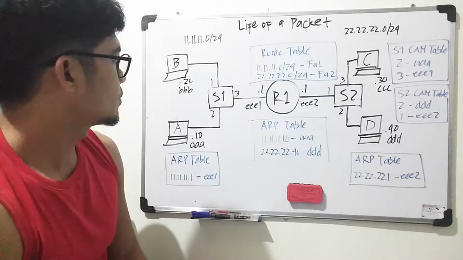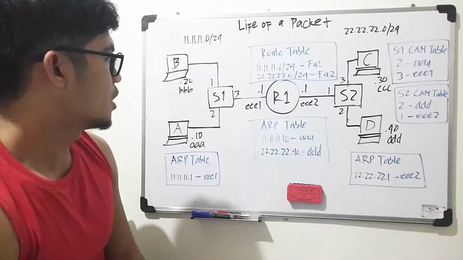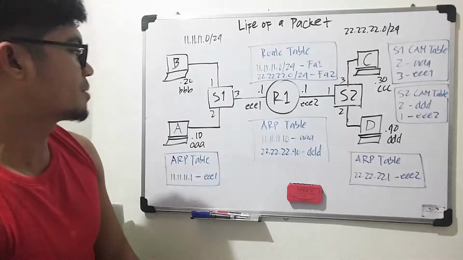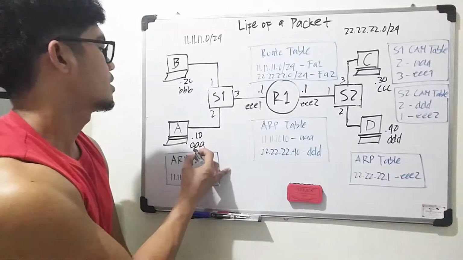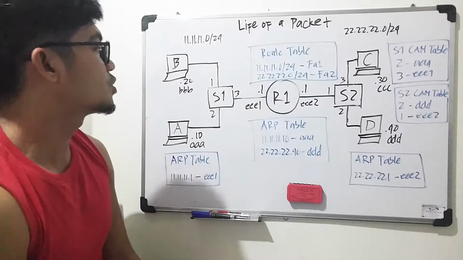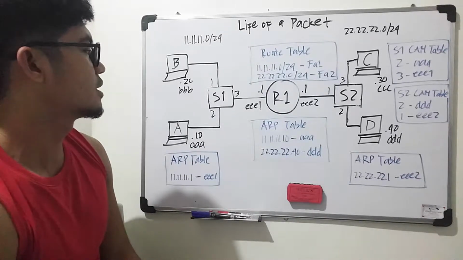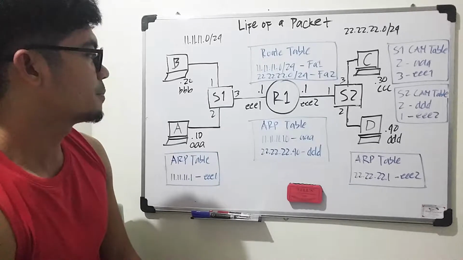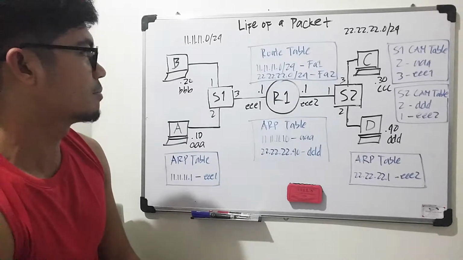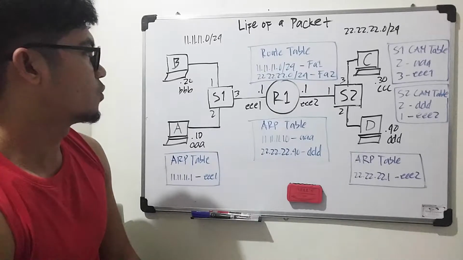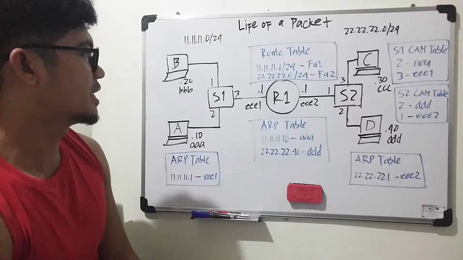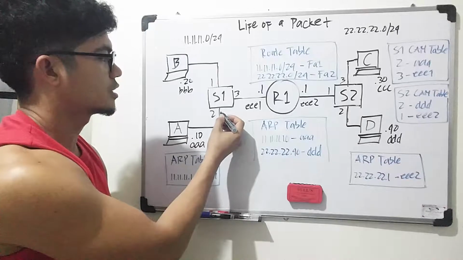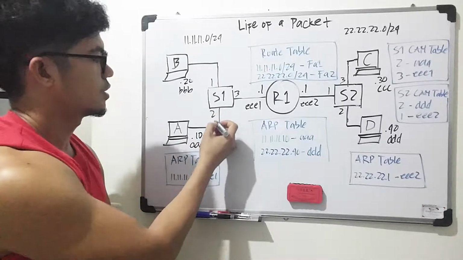The destination MAC address of the unicast is this MAC address here. Switch 1 already has an entry in its MAC table for it, and it's going to forward that frame to its port 2.